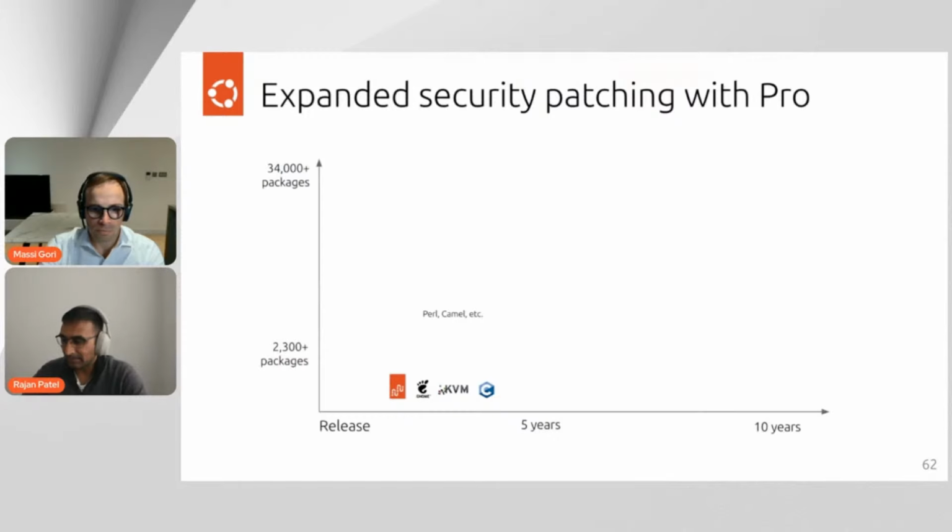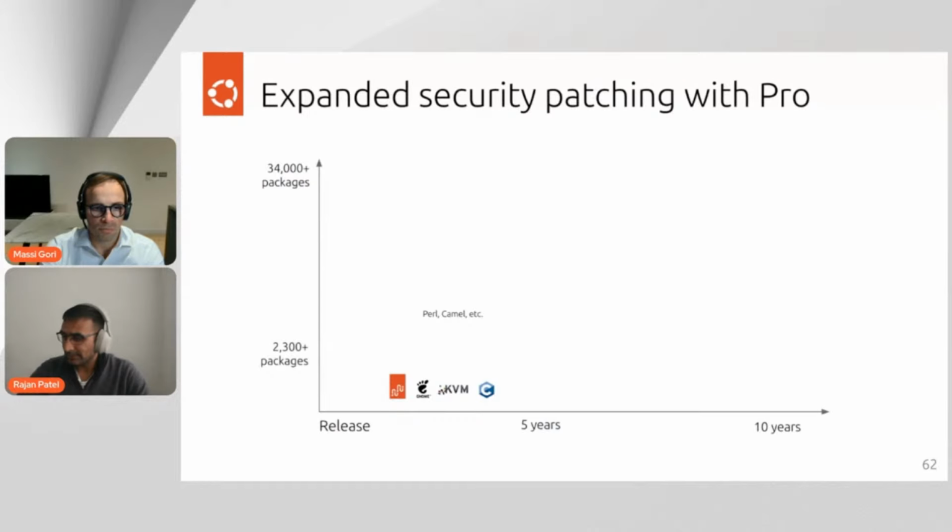And in Landscape, you will see if a package is getting a security update and it's in Universe on day one of the LTS release. So it is possible that you're going to see value from this expanded security patching on day one of an Ubuntu LTS release.